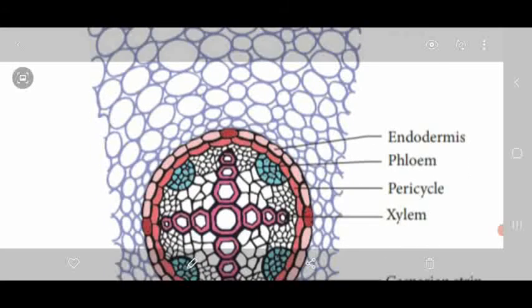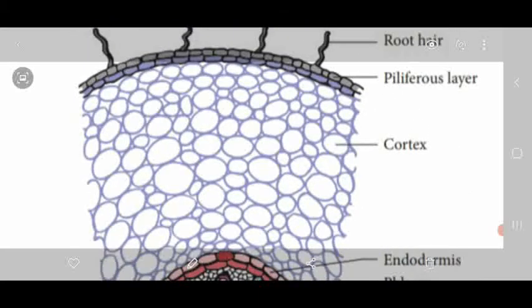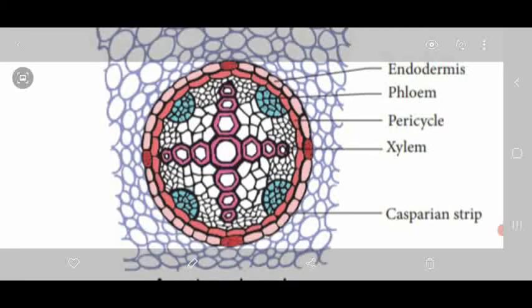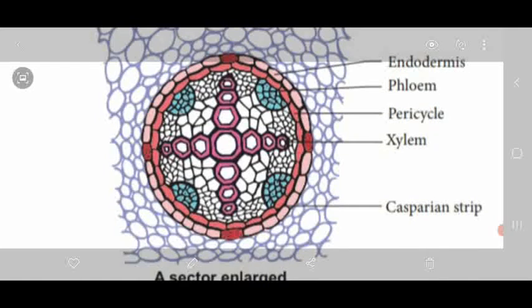The innermost layer of the cortex constitutes the endodermis. See the shape of the cells, barrel-shaped cells, closely packed, which have dark band-like thickenings present in the radial walls and inner tangential walls, called Casparian stripe.